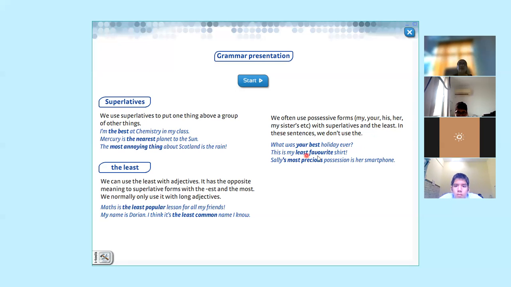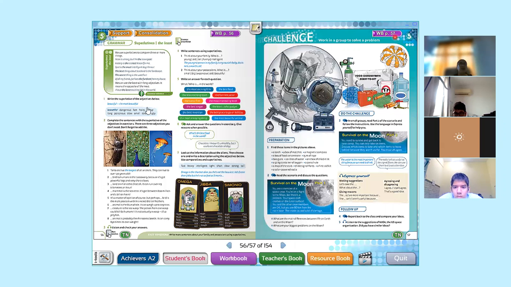This is my least favorite shirt. Sally's most precious possession is a smartphone. You are going to combine the possessive forms with some subject forms. What is exclusively working is the superlative and the form of the least.